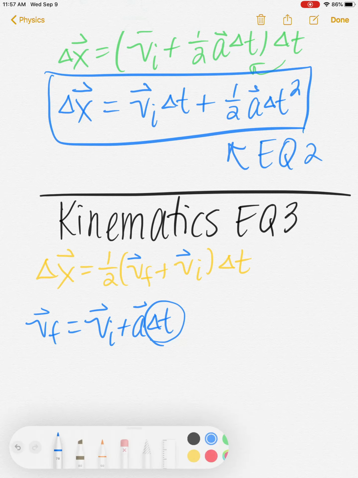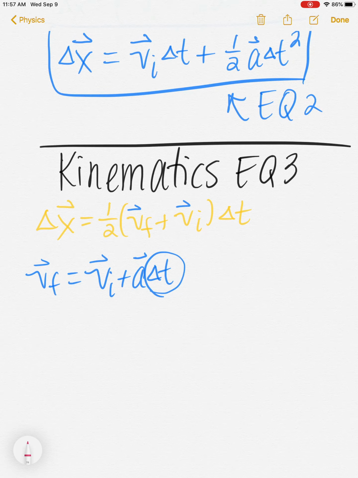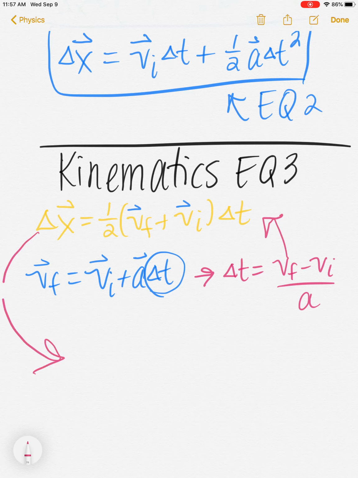I feel like we've done a lot of that already. So if we rearrange this for time, the change in time is going to be equal to final velocity minus initial velocity over acceleration.